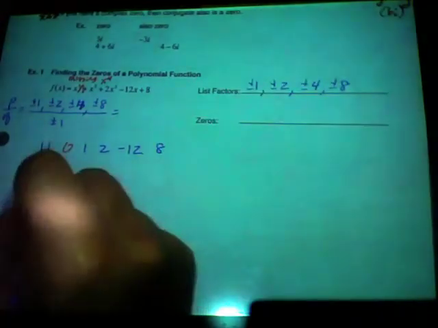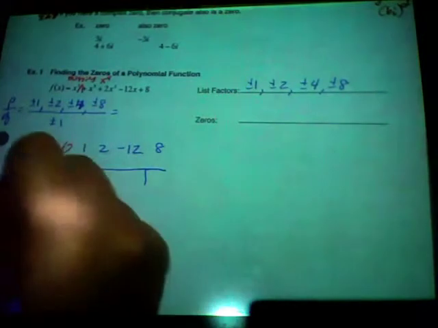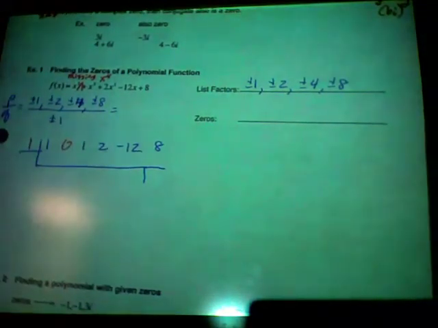So we said 1. Let's start with 1. So I've got 1. I'm missing my x to the 4th, so 0. 1, 2, negative 12, and 8. So we're putting 1 in. So go through your division.